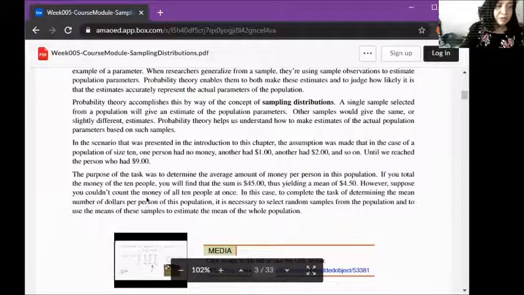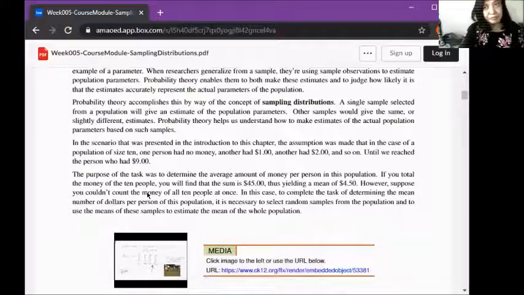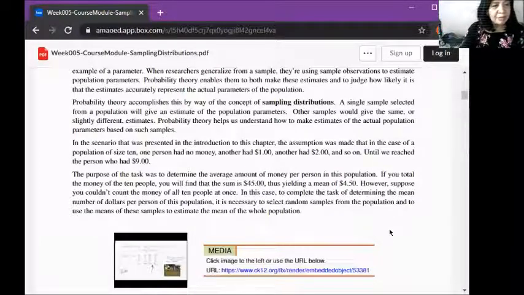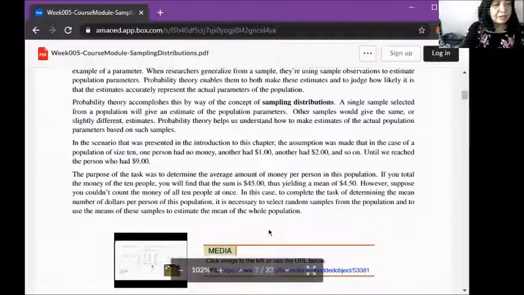However, suppose you couldn't count the money of all 10 people at once. To complete the task of determining the mean number of dollars per person in this population, you select random samples from the population and use the means of these samples to estimate the mean of the whole population.